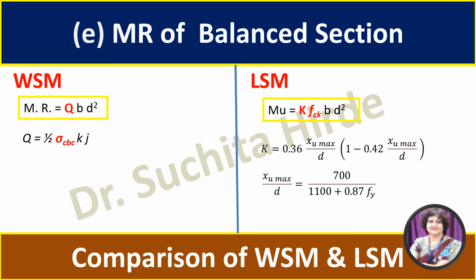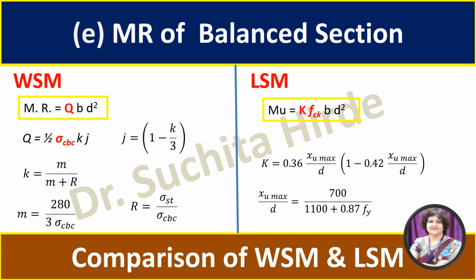This formula XU max by D is equal to 700 divided by 1100 plus 0.87 Fy is actually not available in IS code, but we can derive it from the strain diagram. So I will provide a video on the derivation of this formula for XU max by D, which is used in calculation of moment of resistance using limit state method.